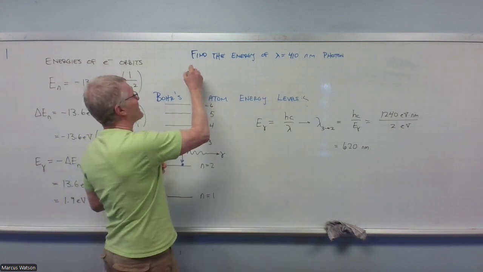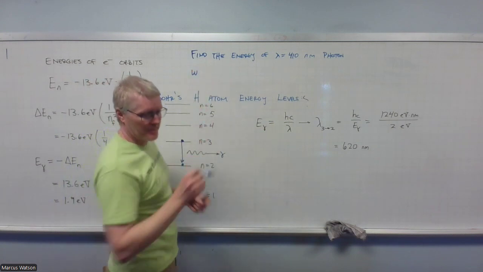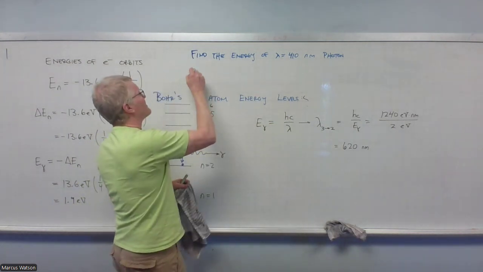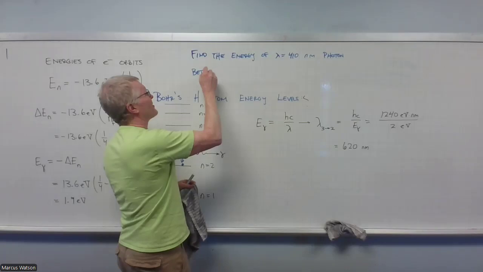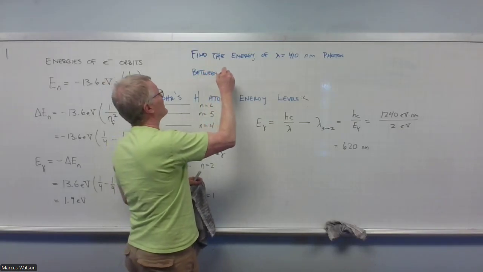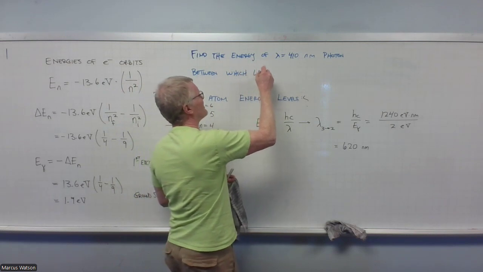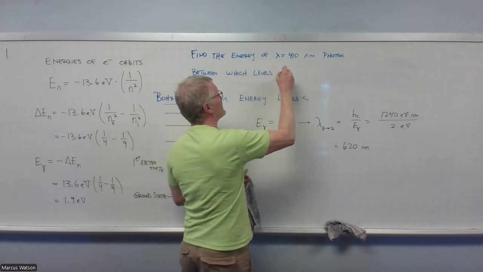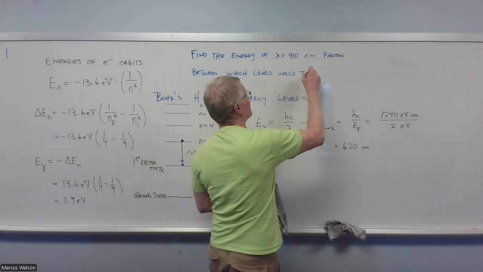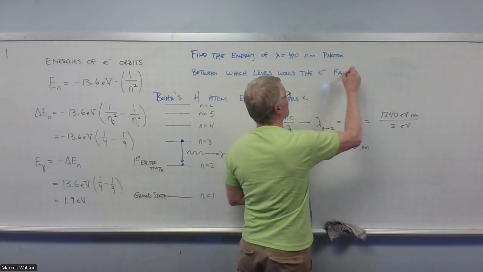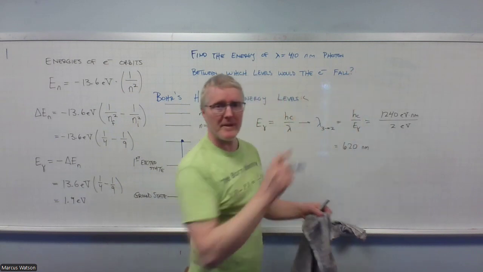And then let's try to find out between what levels this would correspond to, between which levels would the electron be falling in order to emit that photon.